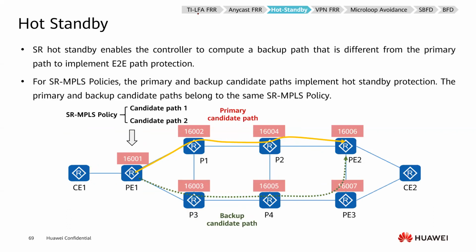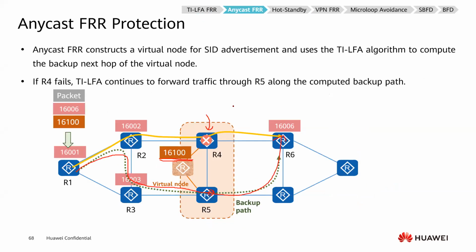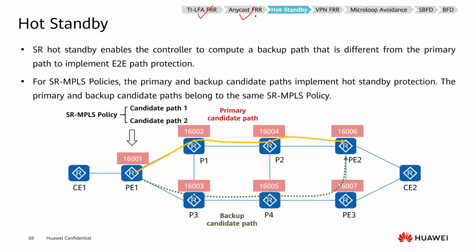Okay, so no matter whether it is TI-RFA FR or anycast FR, they are just, as I said, a temporary result. If any of those happen, later they will change to another path.